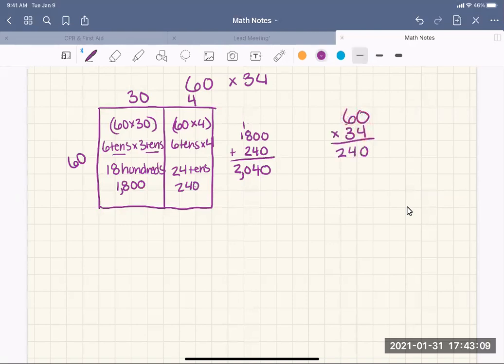Then second, what we did over here in our larger rectangle, we did 60 times 3 tens. So that 3 is in the tens place, which also means it is representative of 30, which gave us 1,800. Then we can add the two together, get the same answer.